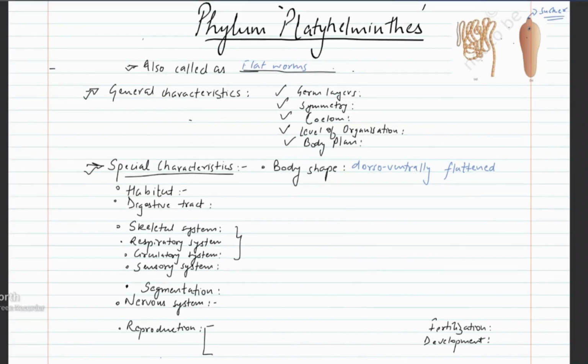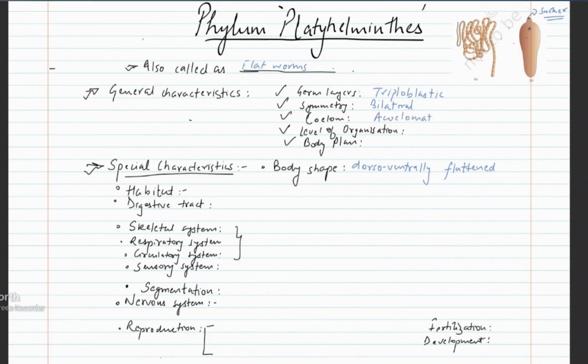Talking about their general characteristics, there are three germ layers. So platyhelminths are triploblastic animals. They have a bilateral symmetry, that is, body can be divided into two equal halves by only one plane. They are acoelomate. There is no coelom.